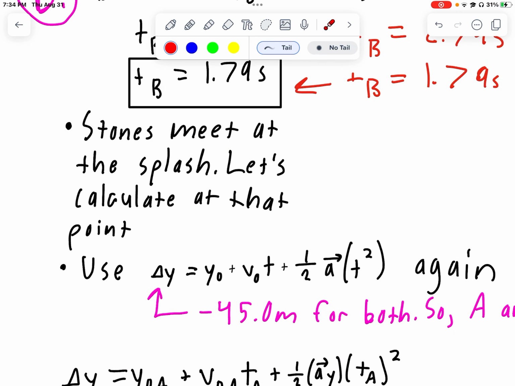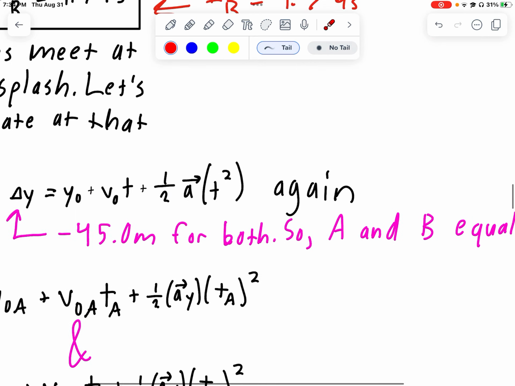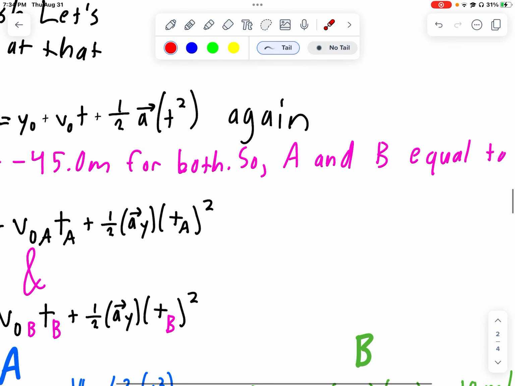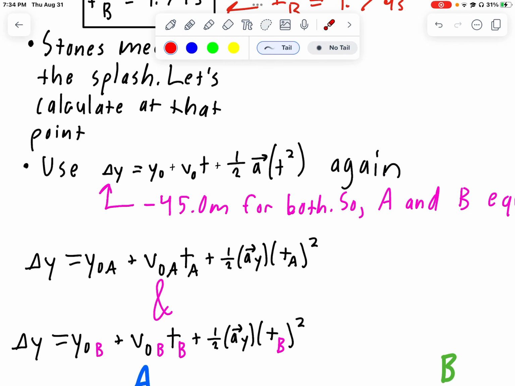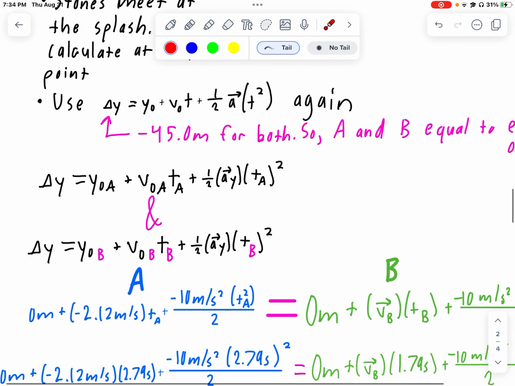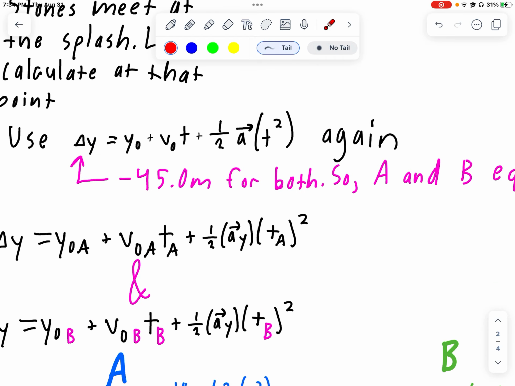Stones meet at the splash, or the same point. Let's calculate using that point. So that means that our final displacement will once again be negative 45 meters. So for the sake of understanding, set up two equations that are equal to each other, since both equations should equal negative 45 meters.